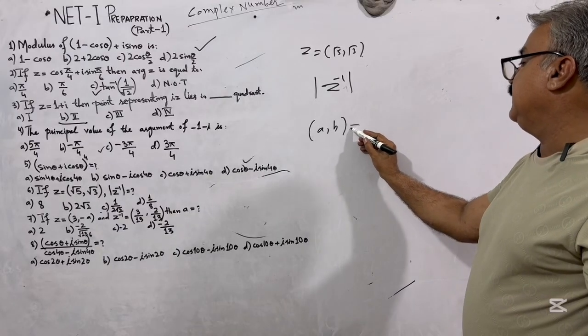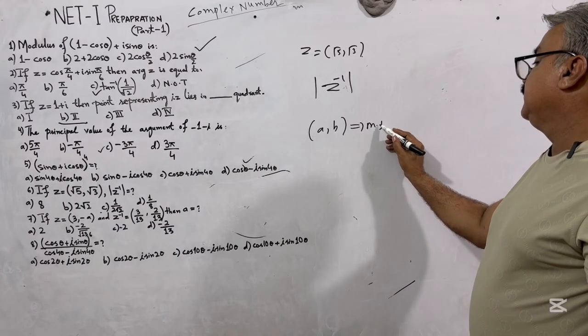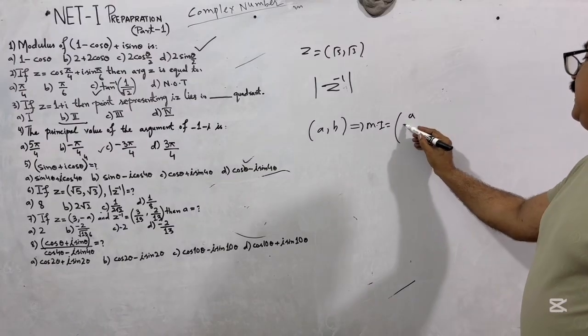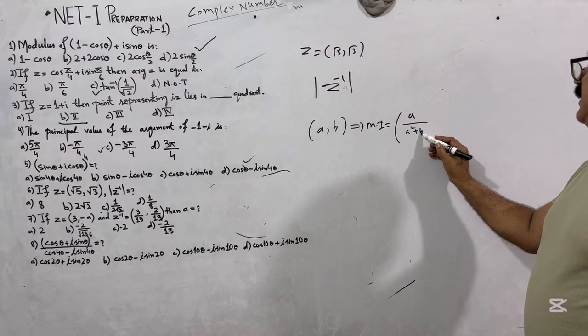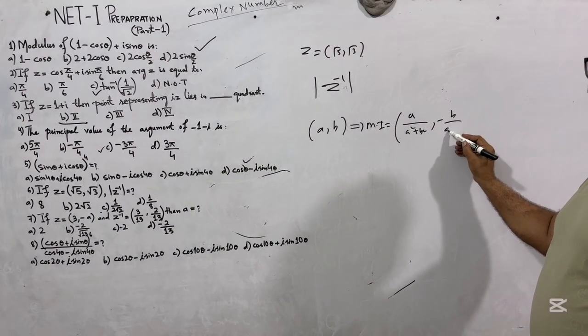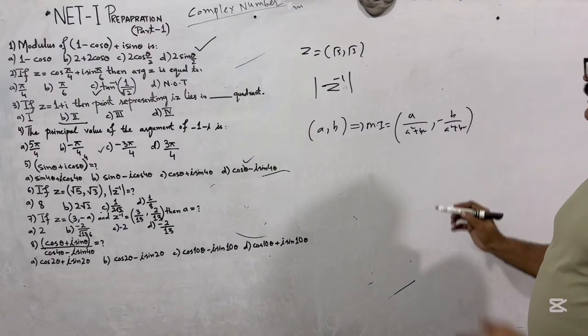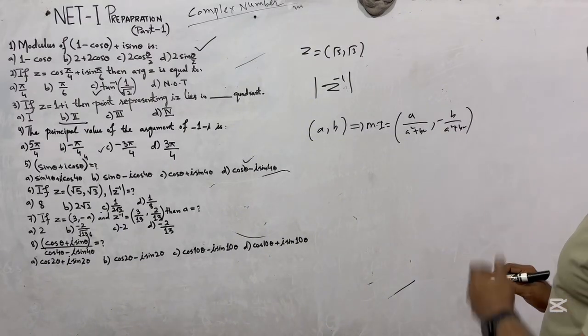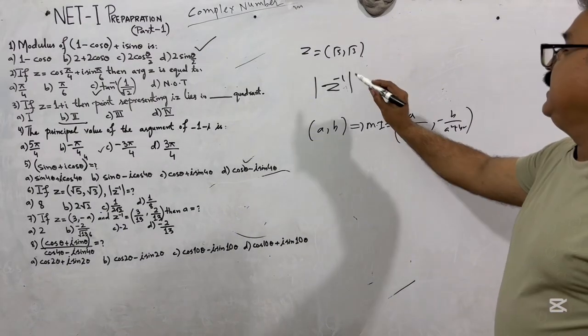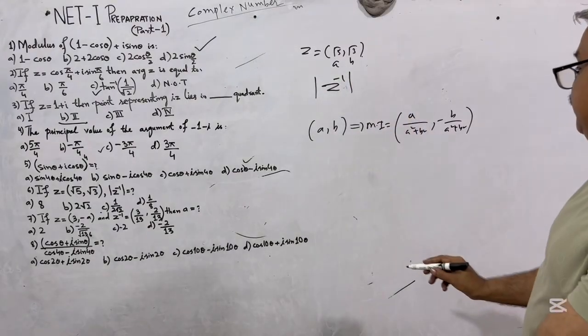By definition, for z = (a, b), its multiplicative inverse is given by a over (a square plus b square), minus b over (a square plus b square). That's the multiplicative inverse of a complex number. Here this is the value of a, this is the value of b.